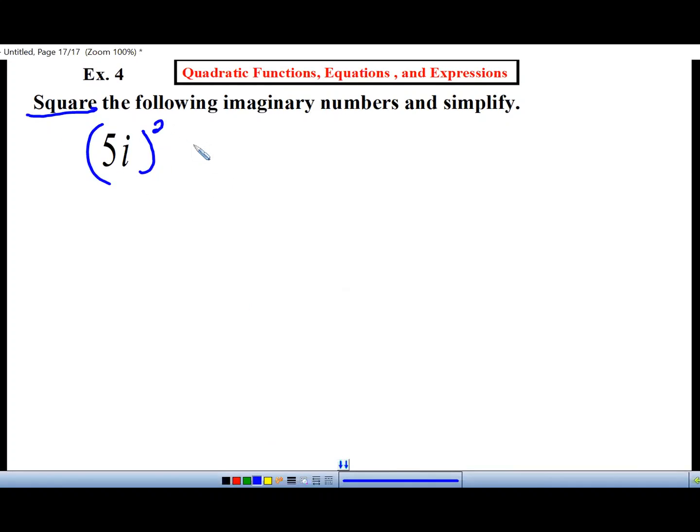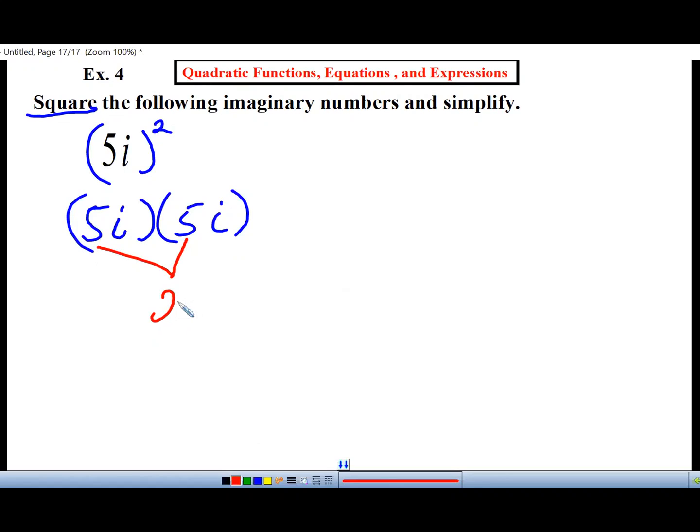So what does that mean? Square it, which means what? 5i times 5i. So let's do numbers times numbers, variables times variables. What is 5 times 5? 25. What is i times i? i squared.